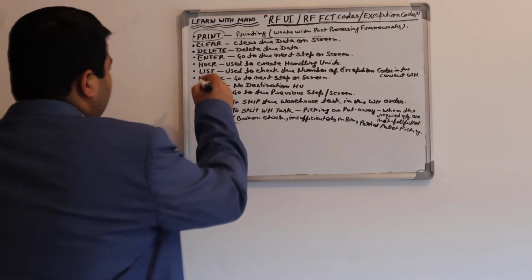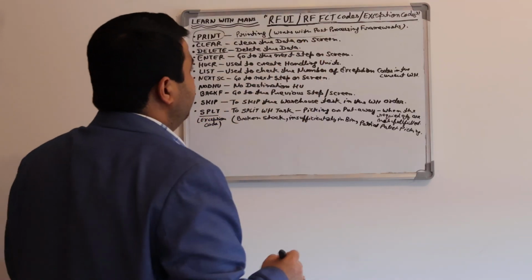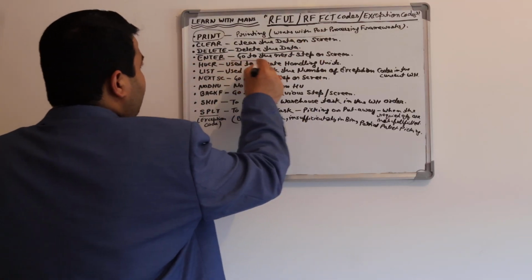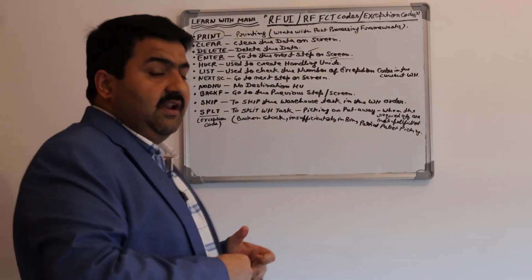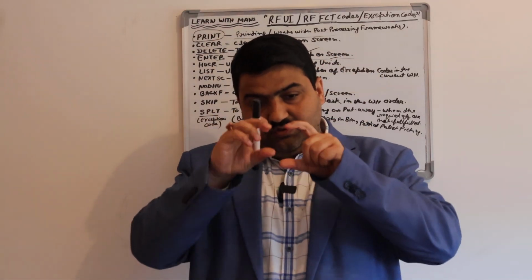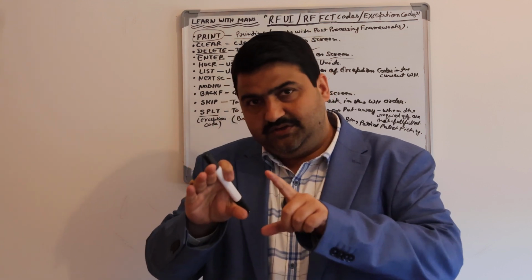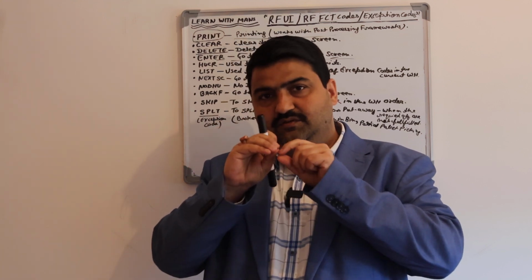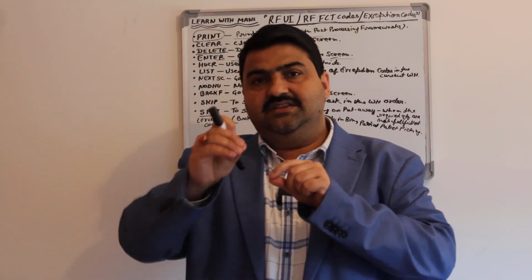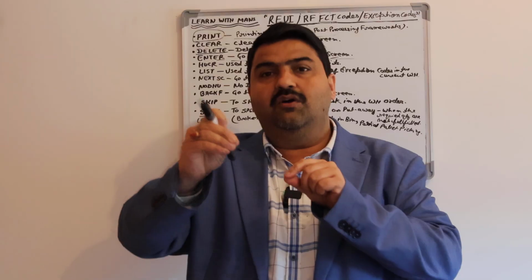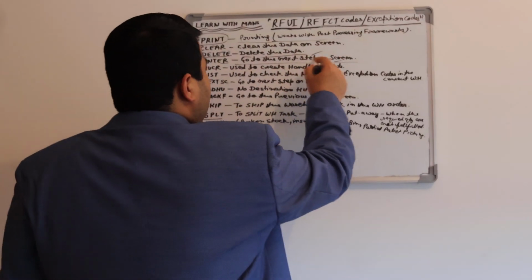So the DELETE FCT code we use to delete the data. ENTER we use to go to the next step on screen. Whenever we click on a particular RF screen, the next screen comes into the picture and the present screen is hidden. So ENTER means to go to the next step or screen.